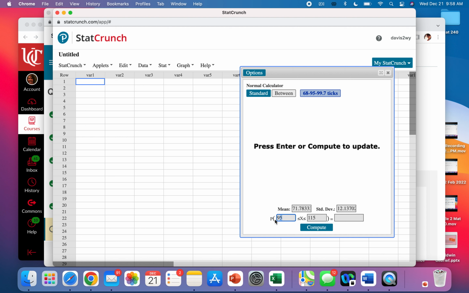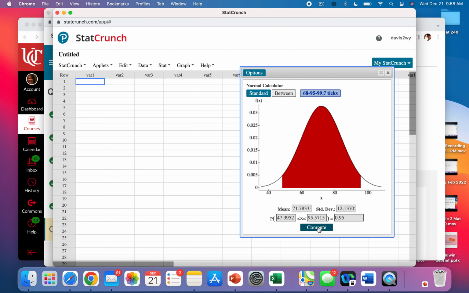I'm looking for these values that it's in between. The area that I know is 0.95. So that tells me my lower value is 47.9952. The upper value is 95.5715.